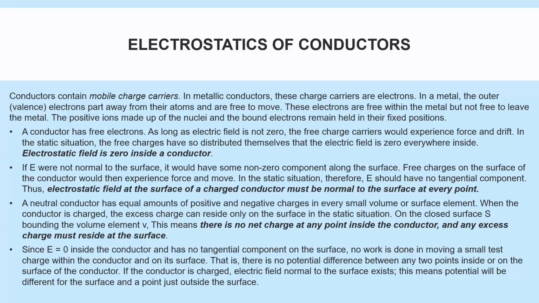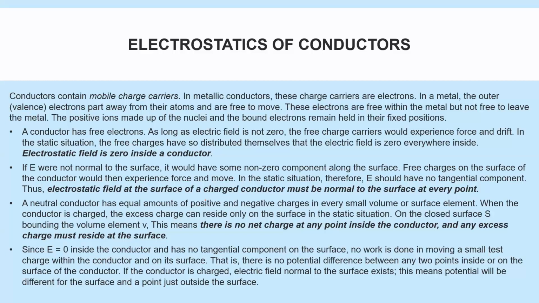So in a static situation, the charges are so distributed or positioned that the electric field is zero everywhere. That is why we can say that inside a conductor the electrostatic field is zero. This is one of the first properties when we are considering conductors.